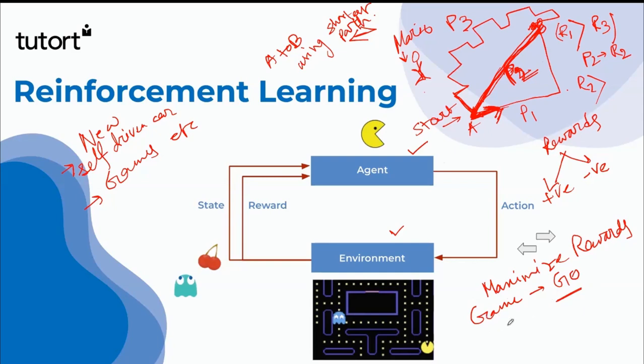The analysis has shown that a machine can play the game better than a human. So that's how reinforcement learning works, and with each and every iteration the model gets better and better, because it is getting negative and positive rewards. I hope the reinforcement learning concept is clear to you.